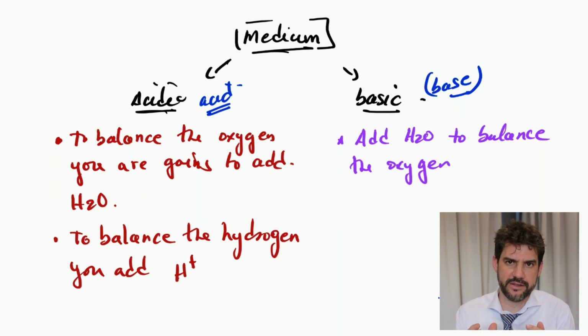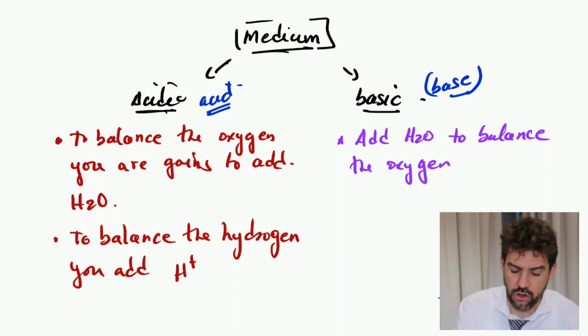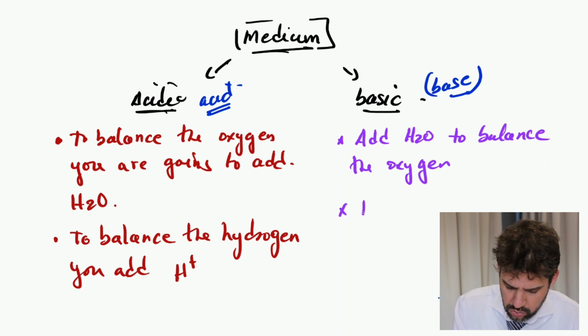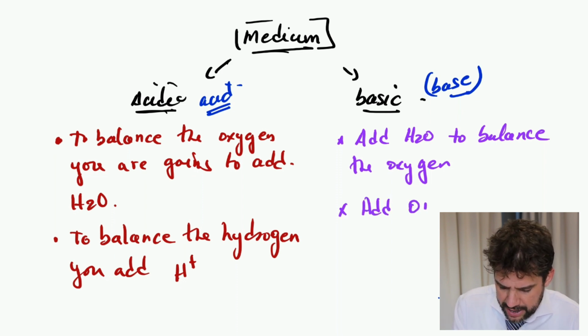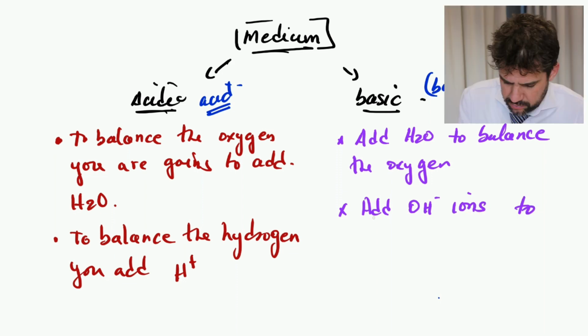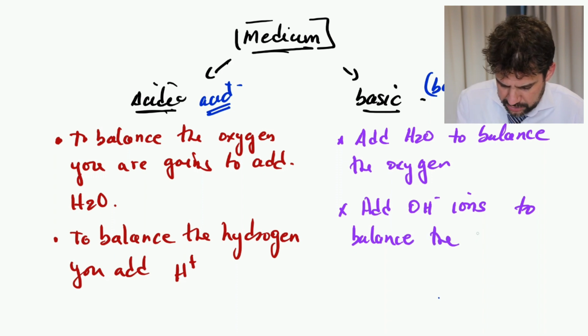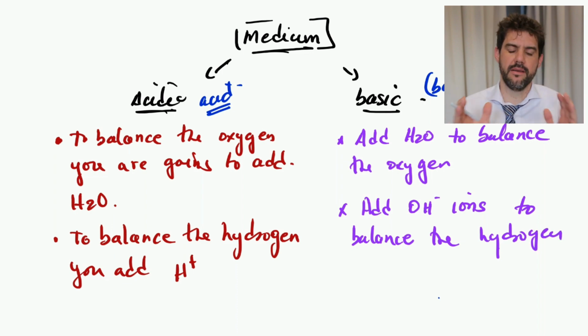But as you balance oxygen using water, you are adding hydrogen. So to balance the hydrogen, if it's a basic medium, we are going to add hydroxide ions. And this is the basis of this point.